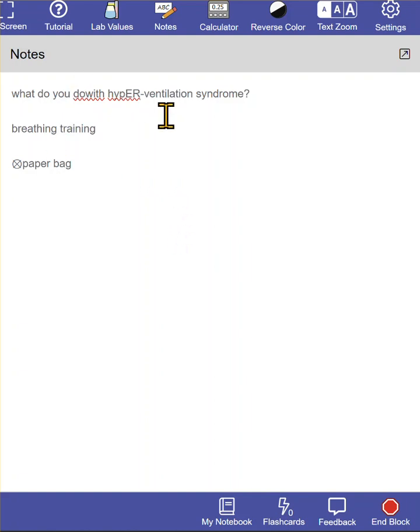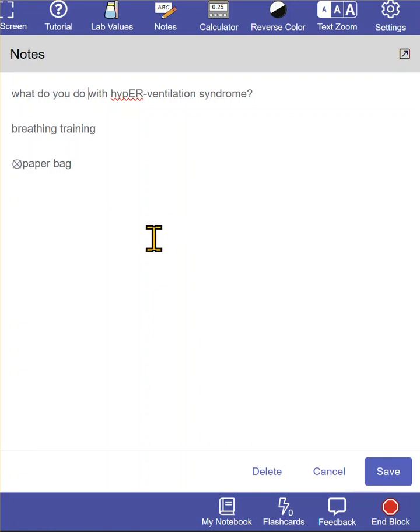What do you do with hyperventilation syndrome? So hyperventilation syndrome refers to someone who's not quite having a panic attack, or call it a panic attack. It's like a situation where they are breathing not for physiologically pathological reasons, but the respiratory rate is increasing, and so what they need to do is decrease their alveolar minute ventilation by decreasing their breathing rate.